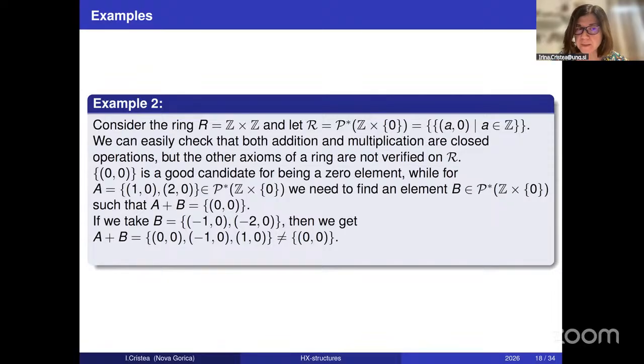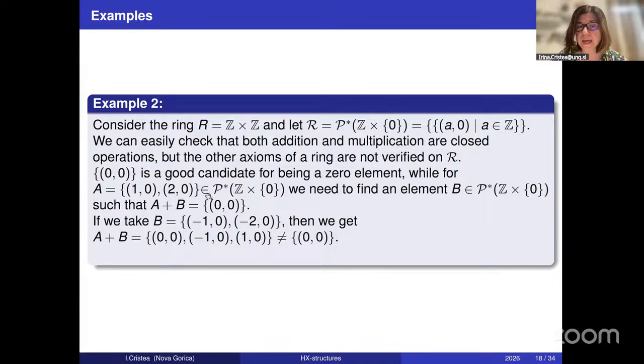So the pair (0, 0) is a good candidate for being a zero element. But for example, if I take the element A containing the pairs (1, 0) and (2, 0), in order to find its opposite I need to find another element, let's say B, such that A plus B is (0, 0). But this means that in order to get (0, 0), I have to take B to contain (-1, 0) and (-2, 0).